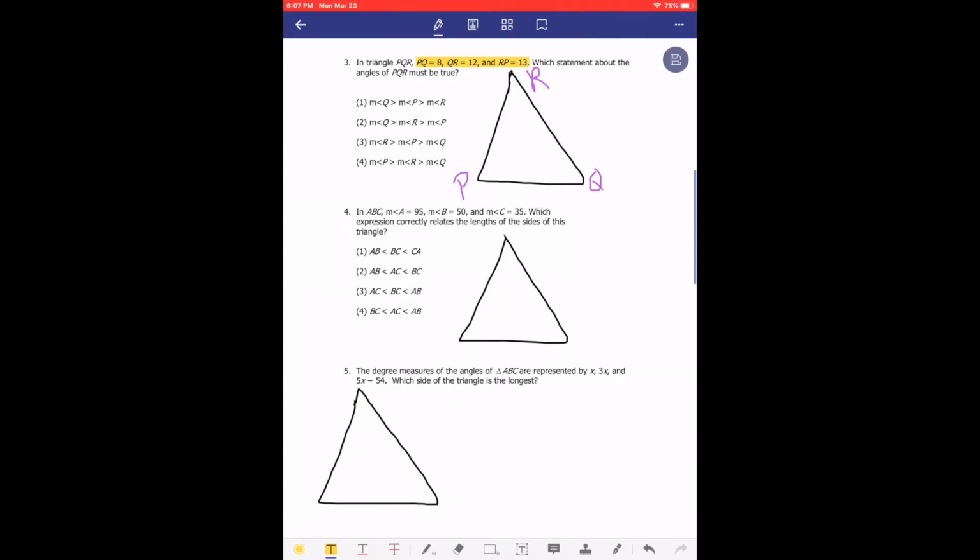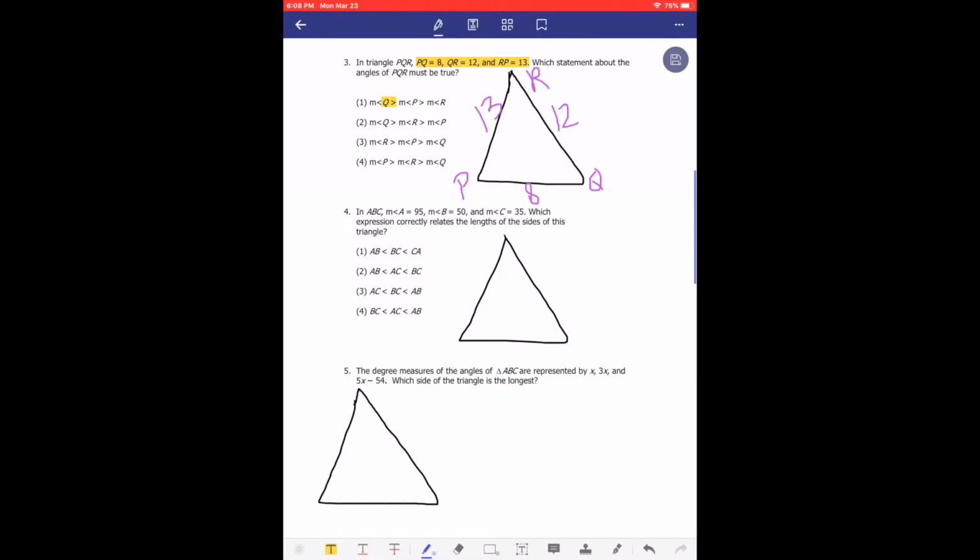So I'm going to be labeling those. PQ is 8, QR is 12, and RP is 13. And they're asking you to order them. If we look at our answer choices, all have that greater than symbol, which means I'm ordering them from largest to smallest.